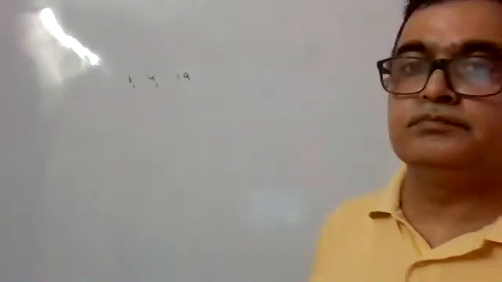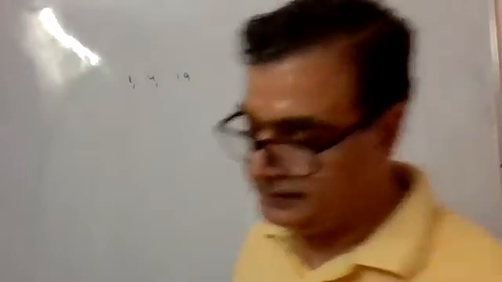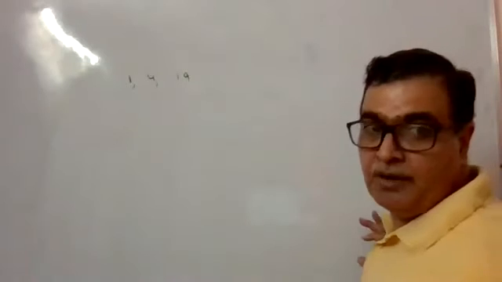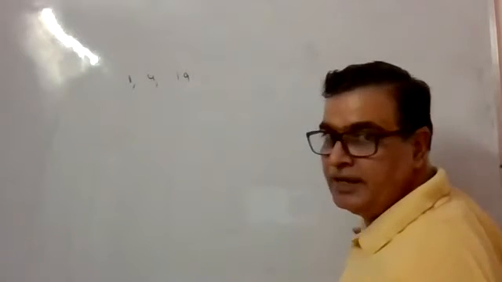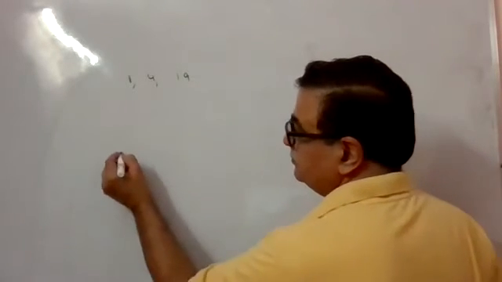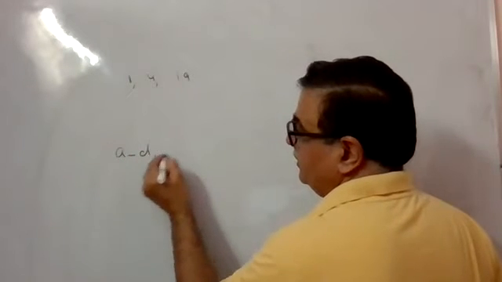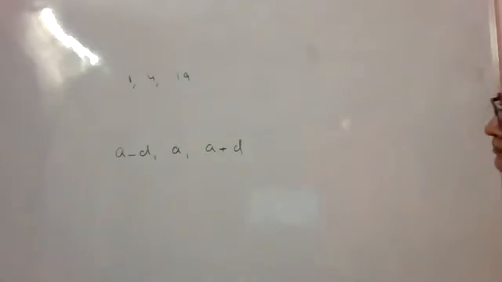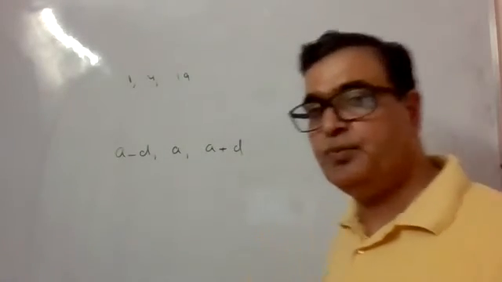Sir, do we have to add these numbers to the individual terms, or to their sum? Individual. First they are saying 3 numbers in AP. Which numbers should I take? A minus d, a and a plus d, because their sum is known. So let these 3 numbers be in AP.